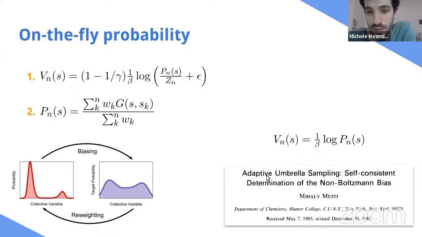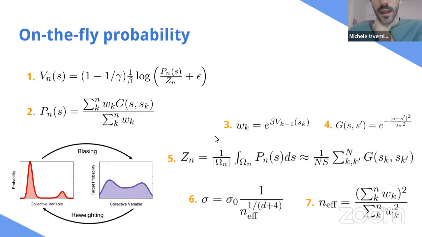Here I put the original version for the bias in adaptive umbrella sampling. You can see that there are quite some differences. Plus, these are the other terms to be completed. So this is a Gaussian and so on. But again, I won't go into this detail. You can find all the details in the paper.